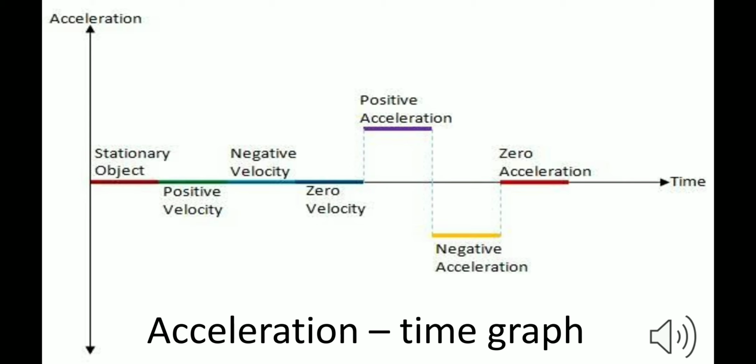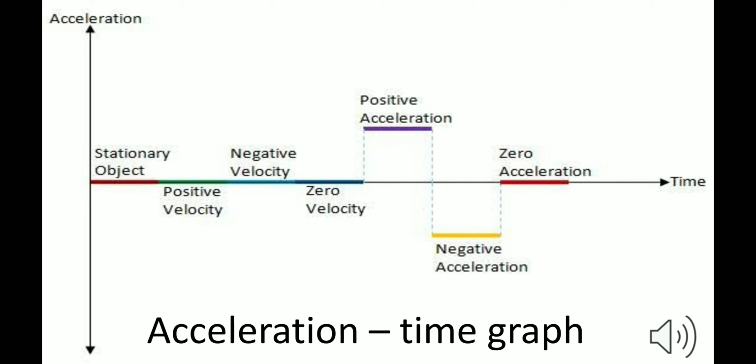Negative velocity, maybe the direction has changed, but still if it is uniform velocity, acceleration will be 0, so it will show the x-axis itself. And if the velocity is 0, that means the body is not moving, then also it will show the x-axis itself.